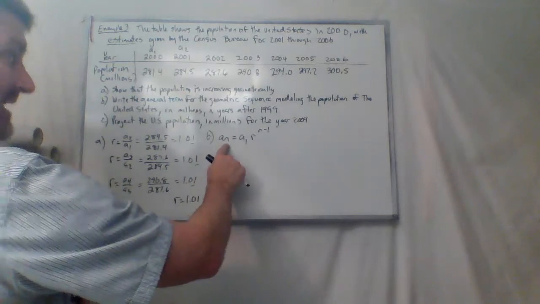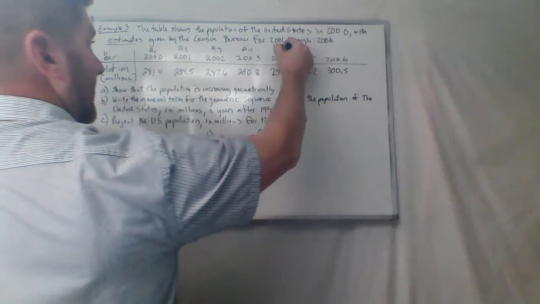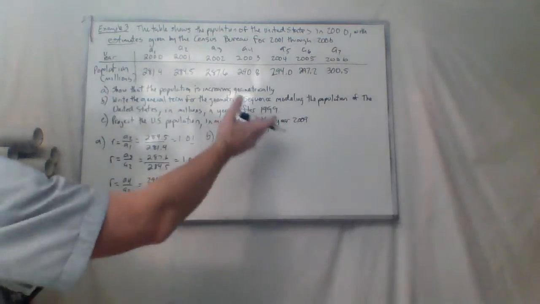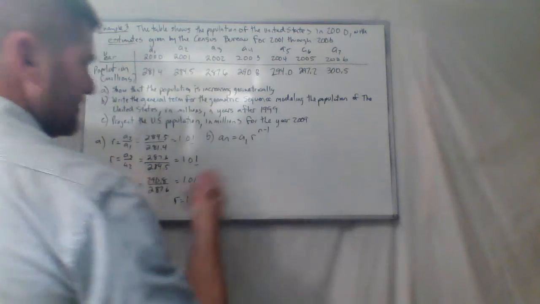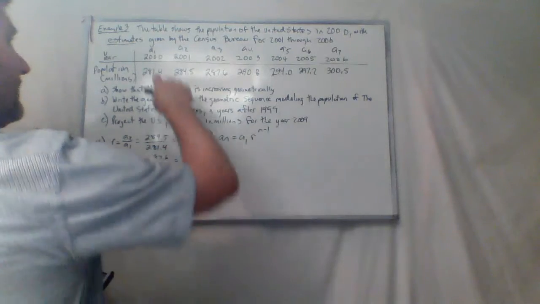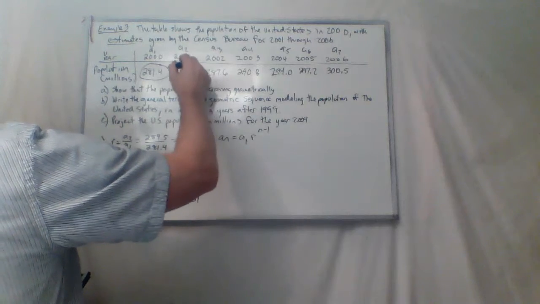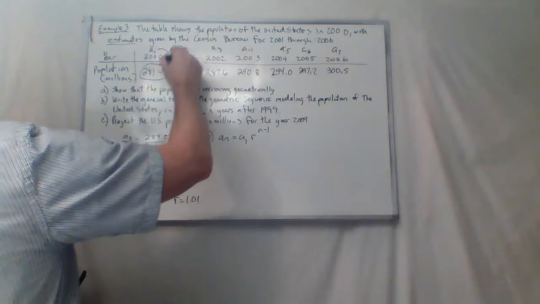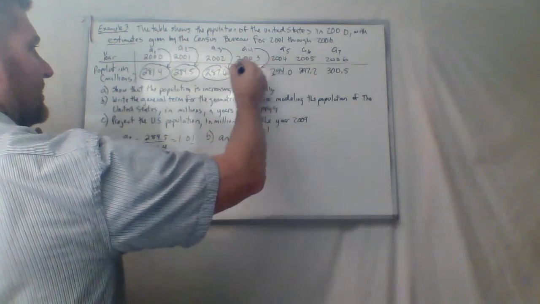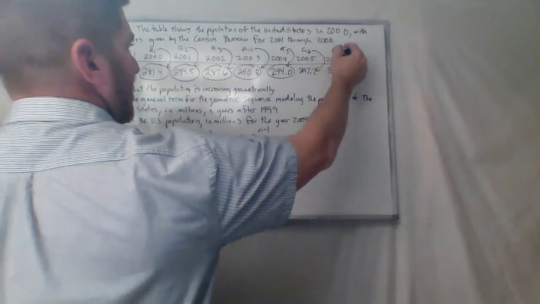So I'm replacing this N with that subletter. This would be A3, A4, A5, A6, A7, and then we'll predict what it would be in 2009. So to write a general term formula, we just need these two variables. This is A1, this is A2, A3, A4, A5, A6, and A7.